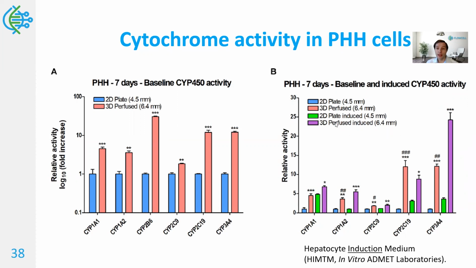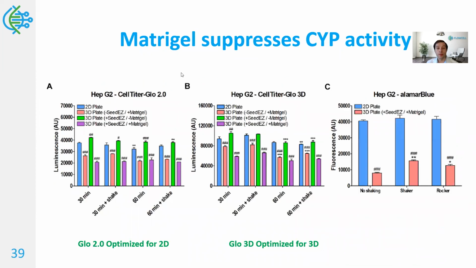So the activity is more realistically mimicked with not only 3 dimensions, but this biological stimulation, which is synergetic with that type of culture that mimics in vivo conditions better.